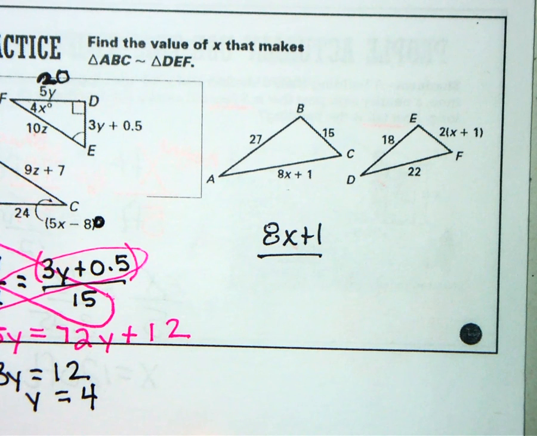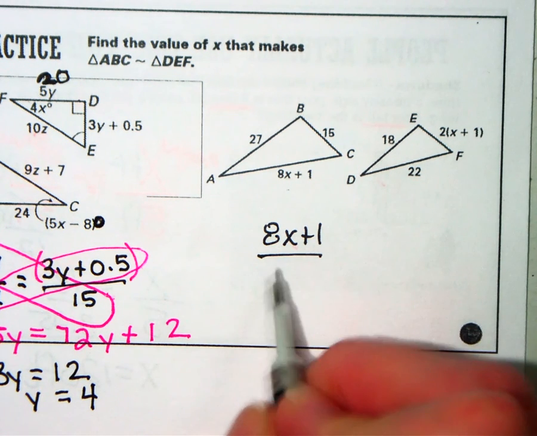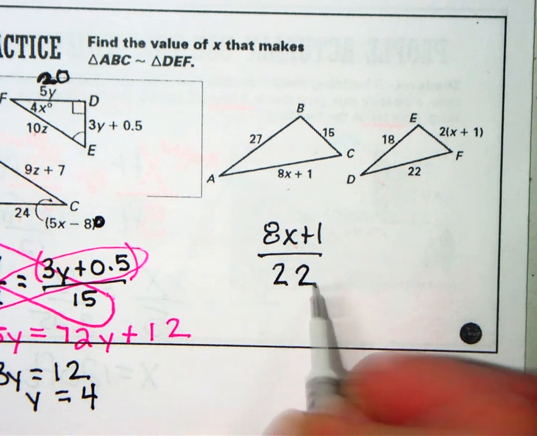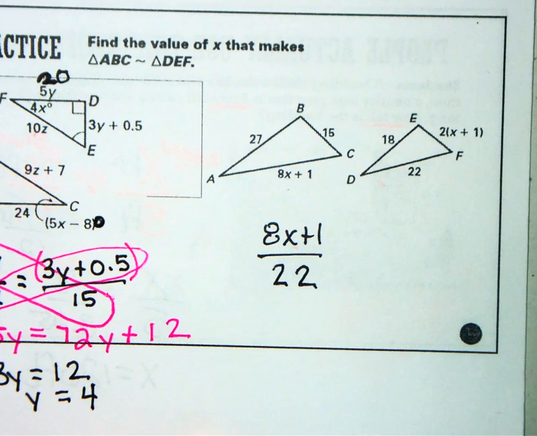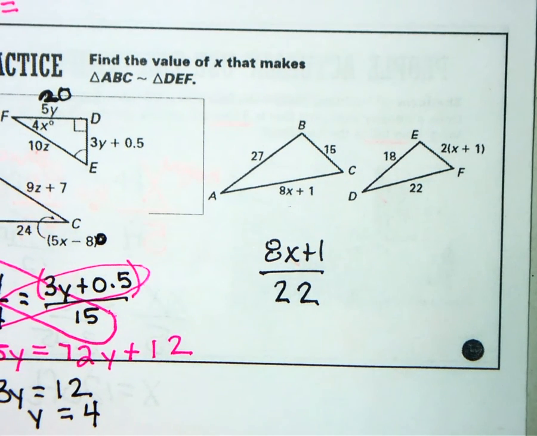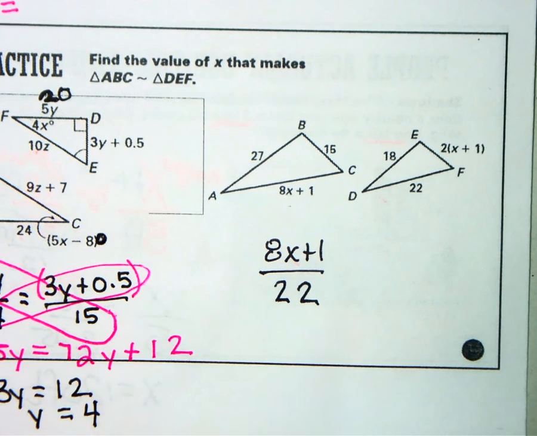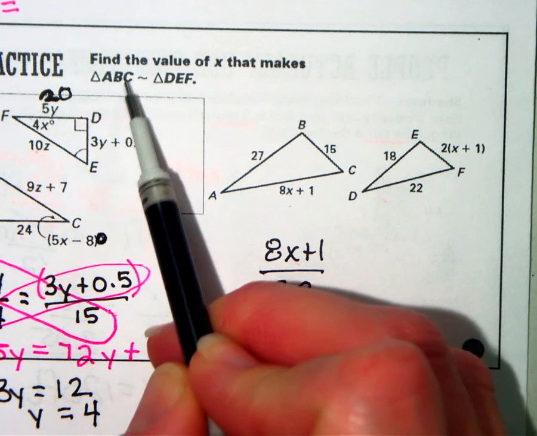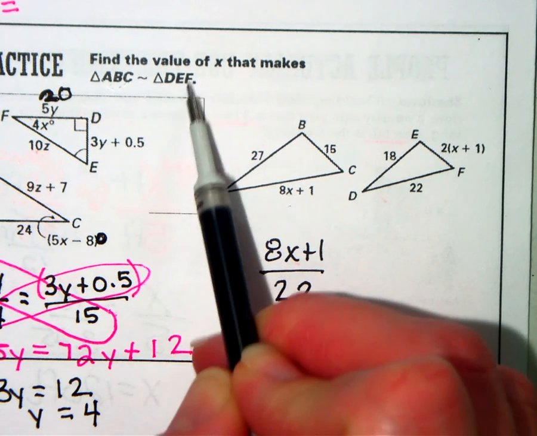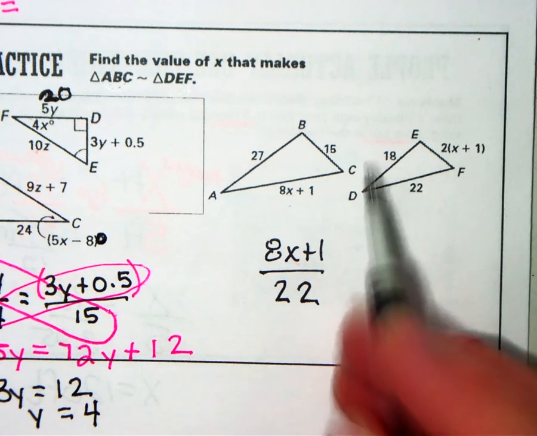Hopefully this is helping if you're still not sure about that 6.1 homework, if you're still working on that. 8x plus 1 over, and then that's going to go with 22. Here the angles aren't marked, so it's a little bit more difficult, but they did give you up top here that ABC is similar to DEF, so you can use that to try to find what pieces go together. So A and C would go with D and F.